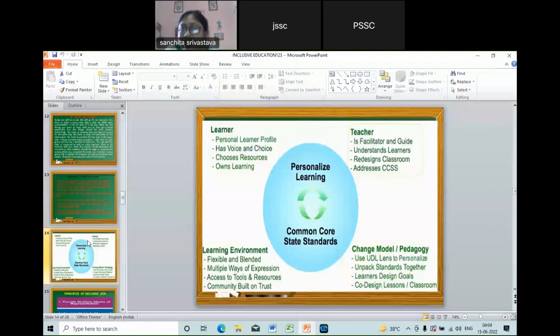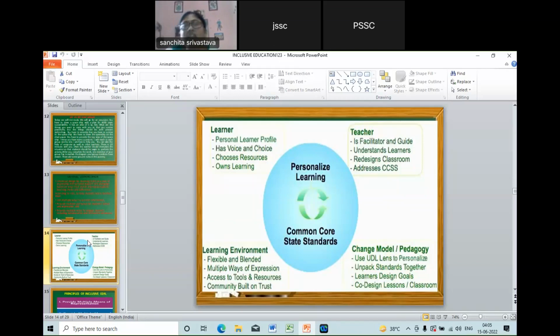He or she is a medium or a guide who transmits the information according to the needs and understands the need of the individual student. Then he or she has to redesign the classroom and design the lesson for the classroom. So everything the teacher has to decide.